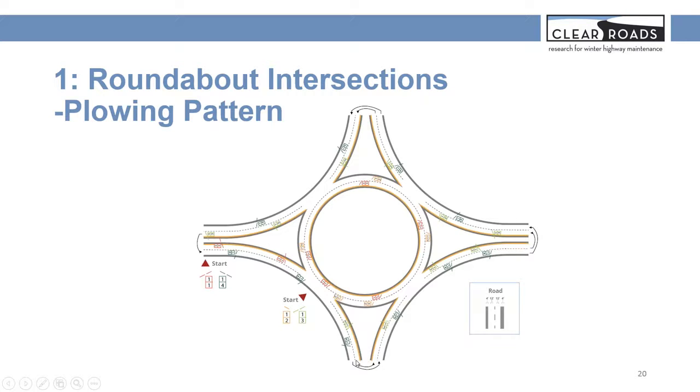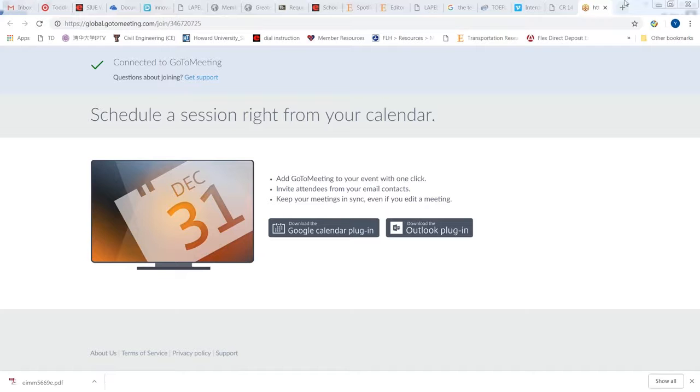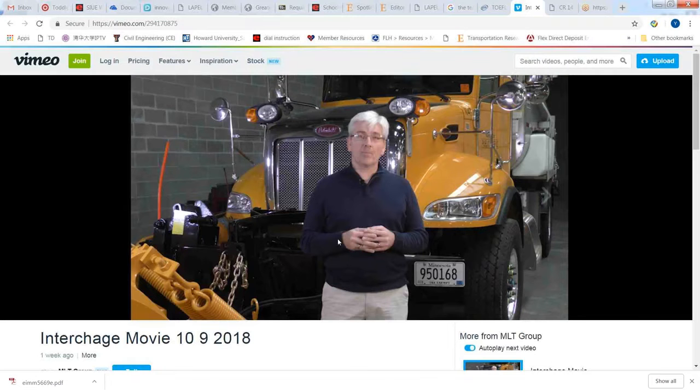When it finishes that, it starts pass 4 to clear the right lane on all the legs. Here they use both the front plow and the right wing plow and push snow to the right, repeating the same pattern for all 4 legs. I also want to show the video of this part.